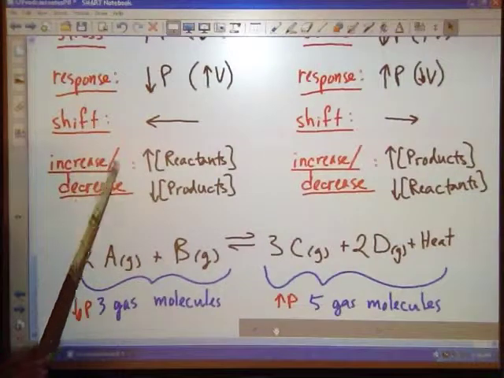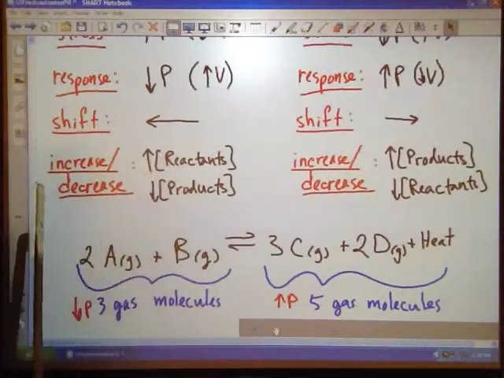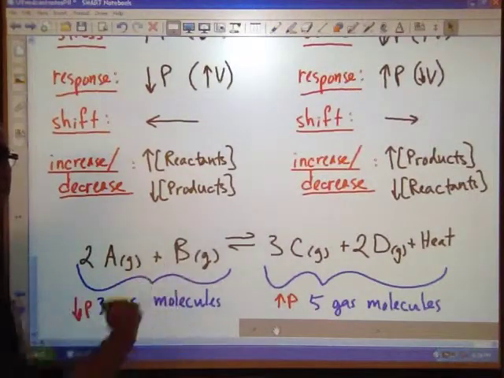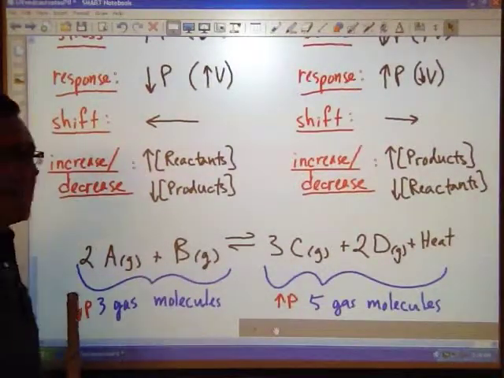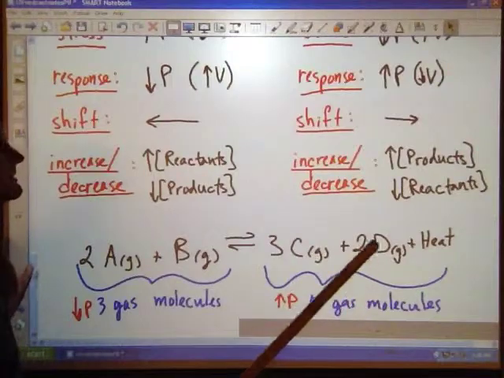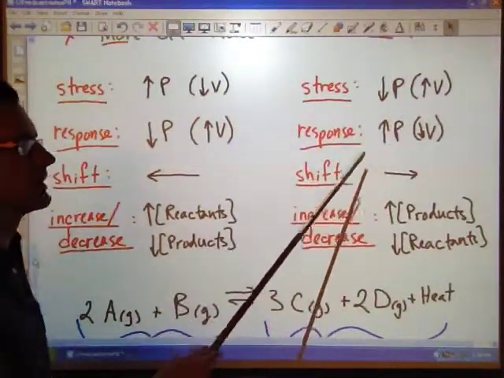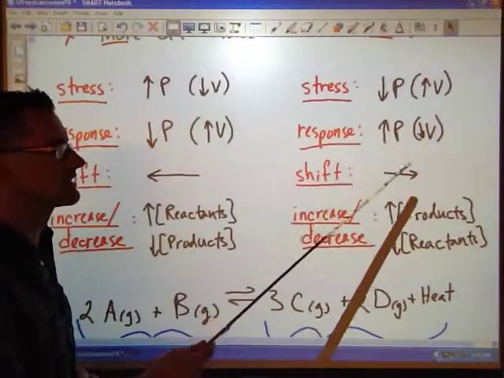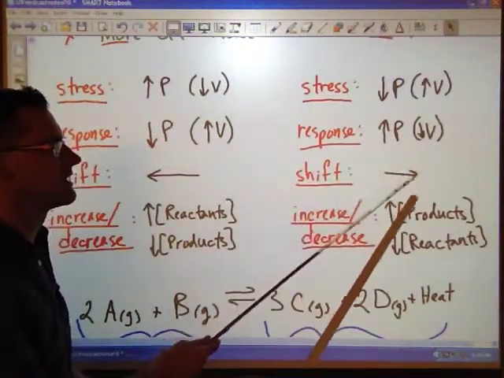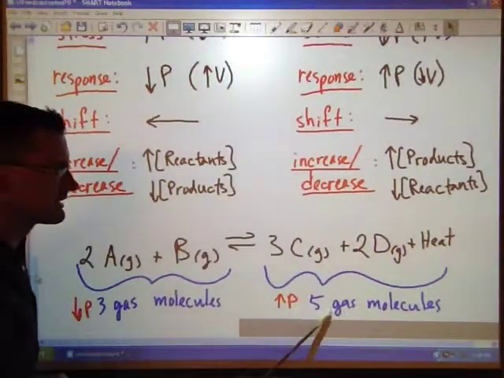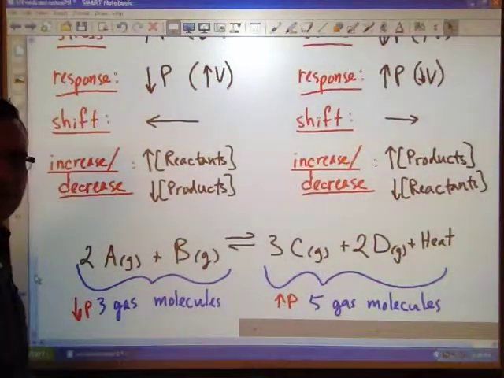So as a result, the amount of reactants will increase, the amount of products will decrease, since everything is shifting this way. Okay? And vice versa, if I look at reducing pressure as a stress, the system will want to replace that lost pressure. You can think of it as increased pressure by going to the right. The reason why we go to the right is because there's more gas molecules there.